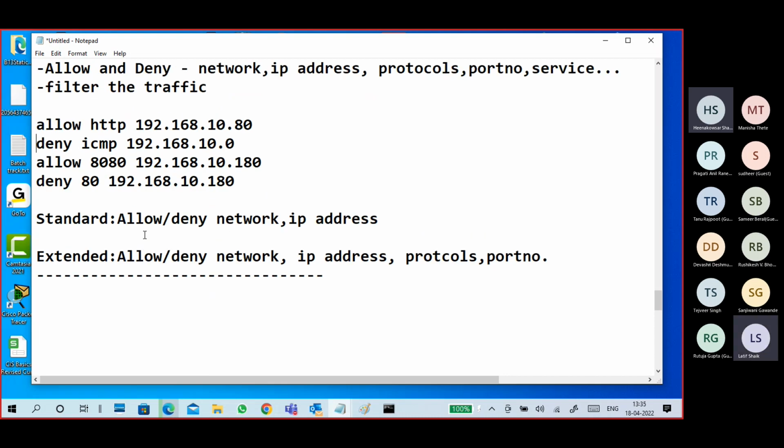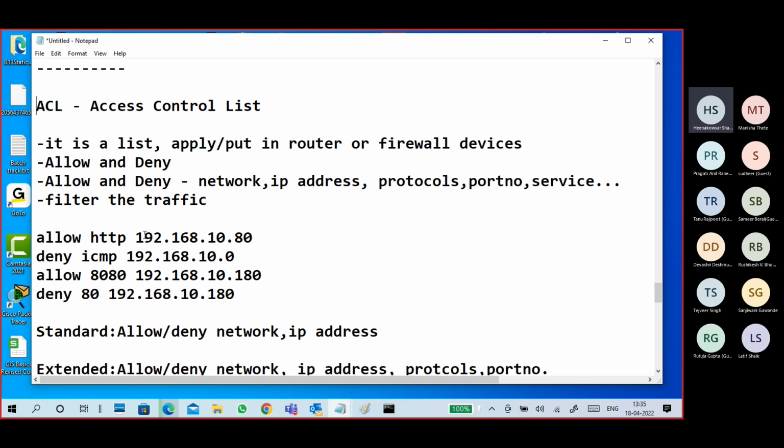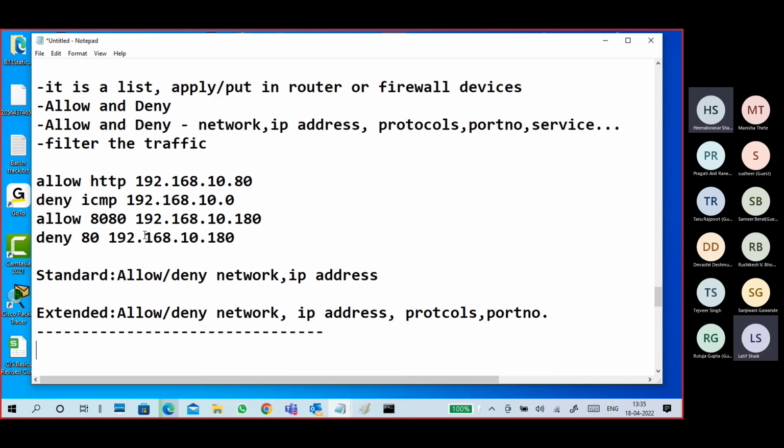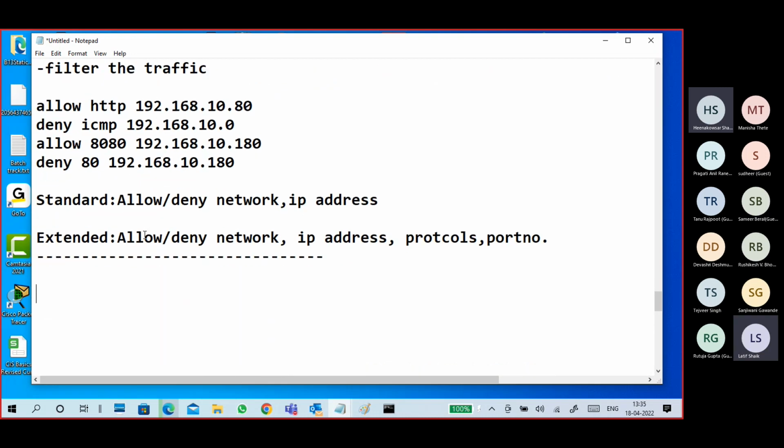So this is ACL, access control list. One more is there that is related to this, which is IPSec. So in security, IP security is also there. IPSec does not work with protocols and port numbers, it is more like IP address restriction only. It also filters IP address communication.